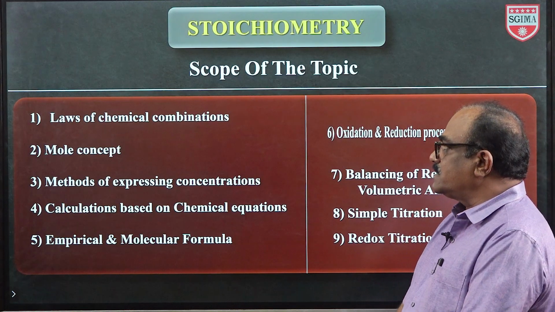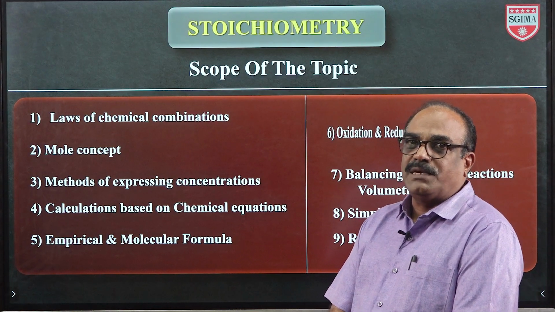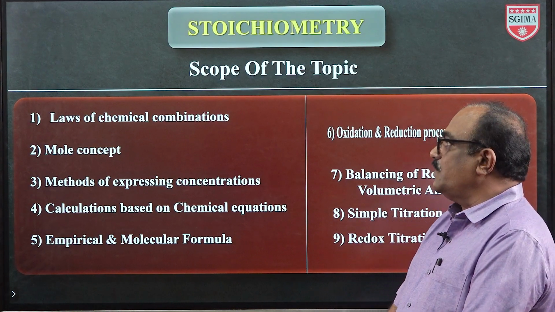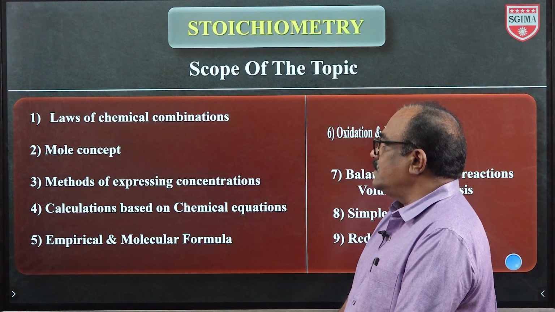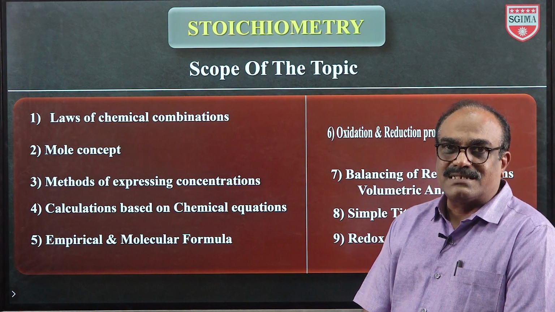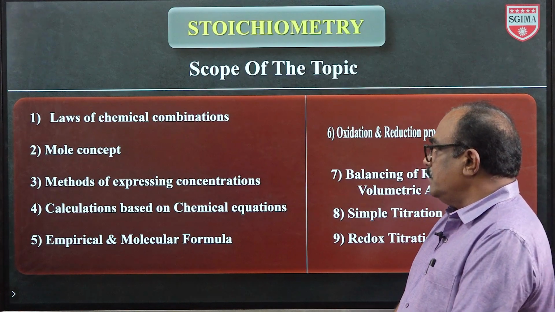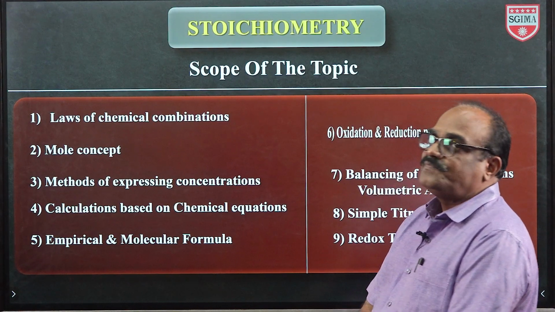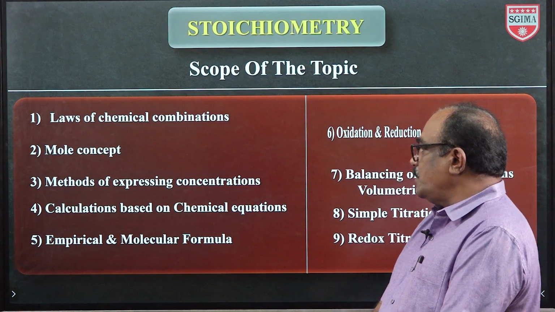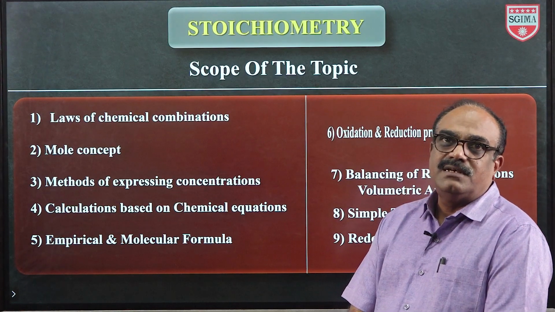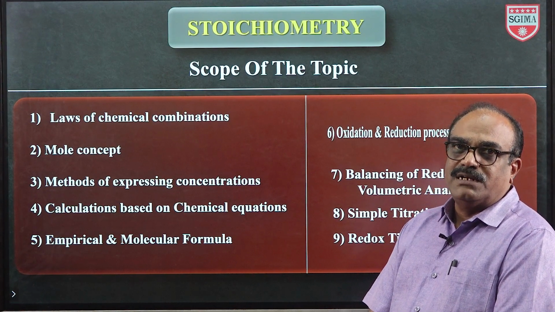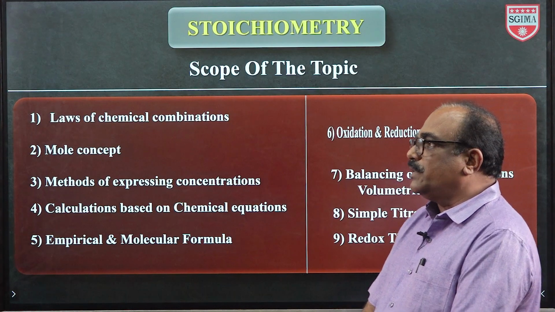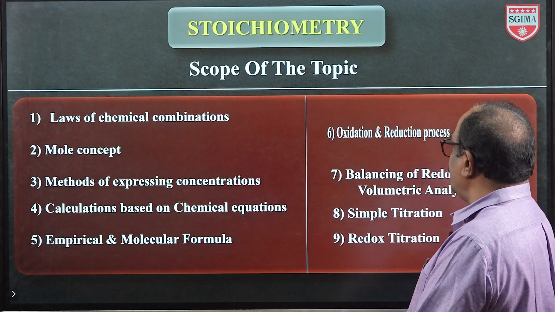separately each topic is discussed, such as the first topic, basic concepts of chemistry, under which laws of chemical combination and mole concept are discussed, along with methods of expressing concentration. Calculations based on chemical equations is also a part of it. Empirical and molecular formula determinations will be important for NEET and JEE Mains examinations.